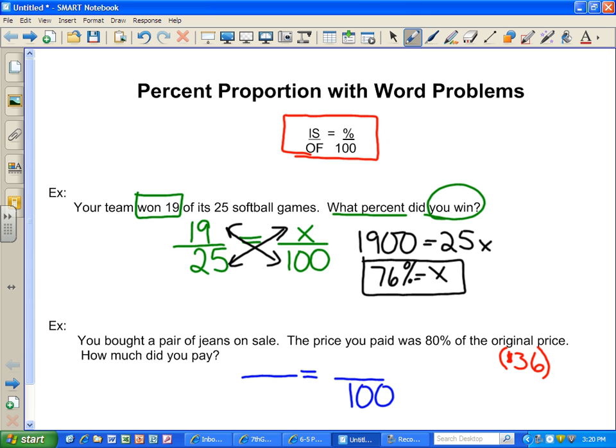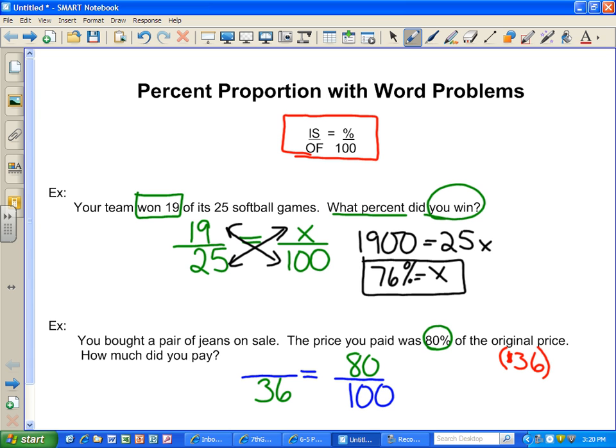Since they told us the percent, we fill in 80. Now we have to figure out what goes on the top and what goes on the bottom. The 100% represents the whole. So $36, the original price, is the whole entire price, so that is what would go on the bottom.